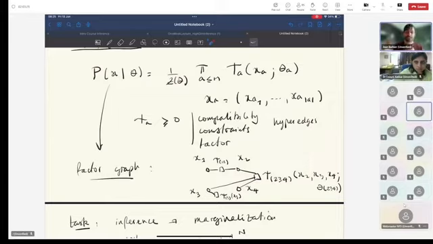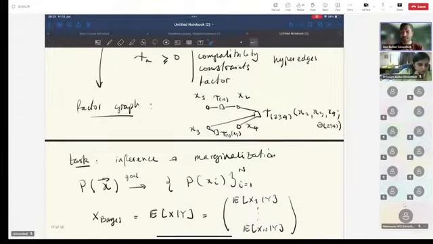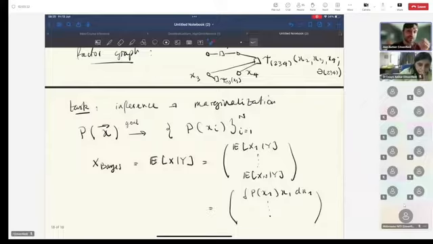Actually, this belief propagation I'm going to write is really at the core of two communities. It was discovered by Gallager in the 60s in the context of error correcting codes. He was an engineer.